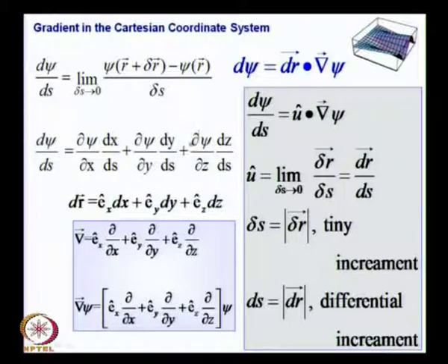Now, this is more than vector algebra, because the gradient operator contains the derivative operators as well. Here you must take the derivative with respect to x. So, it is vector calculus.